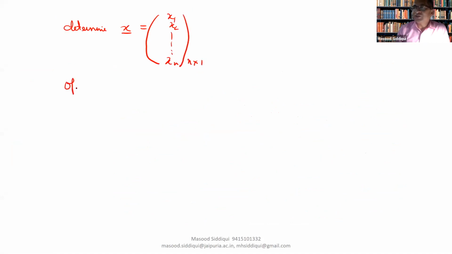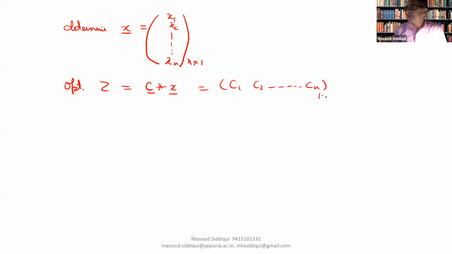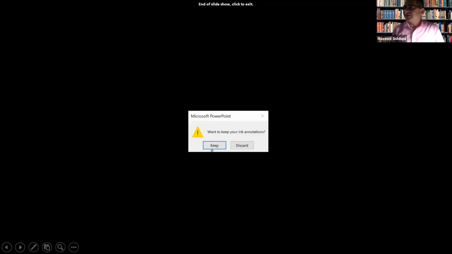Then we have the objective function, optimize Z, which is the C vector multiplied with the X vector: C1, C2 going up to Cn, having order 1 cross n, times X1, X2 up to Xn of order n cross 1, and the order would be 1 cross 1 for Z.